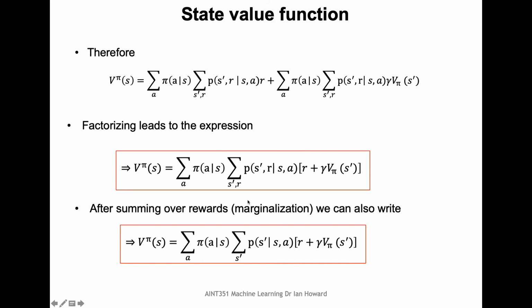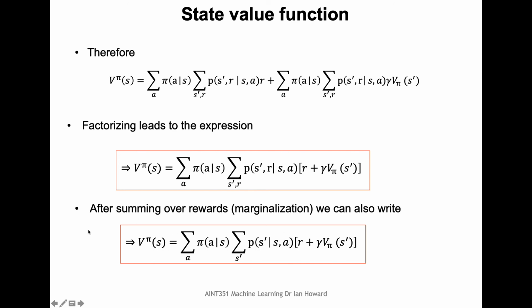If we want to lose the R term here, so we don't have to sum across R, rather than having the full representation of a transition matrix, what we can do is marginalise out R, so we lose the R from this joint probability and we end up with just S prime in this term here.